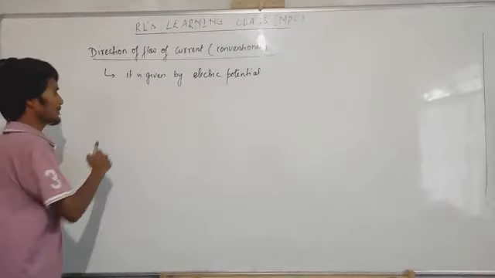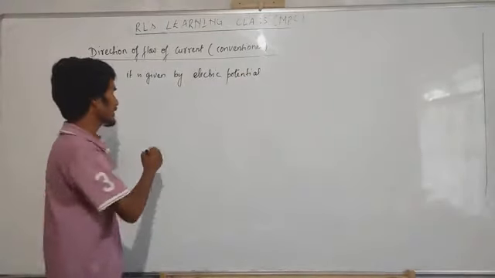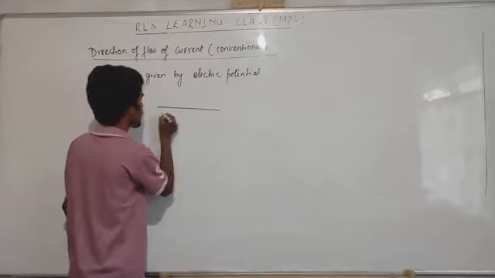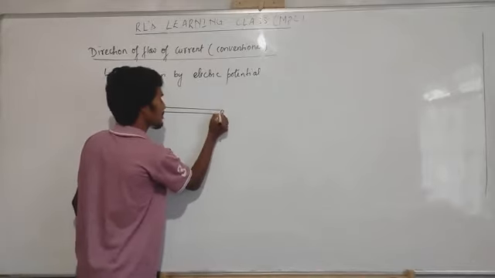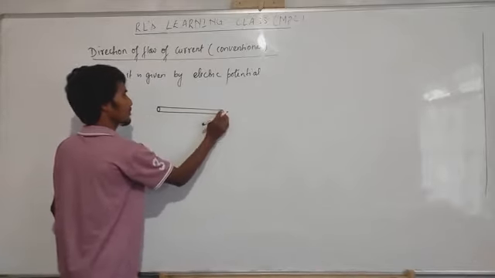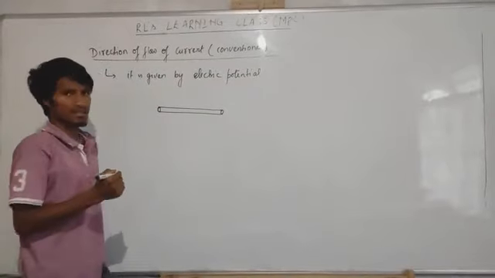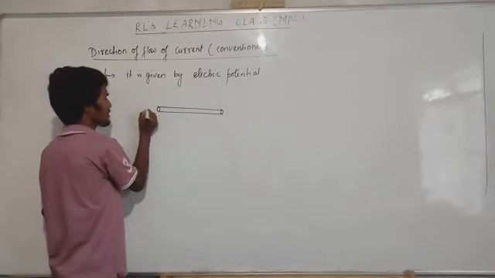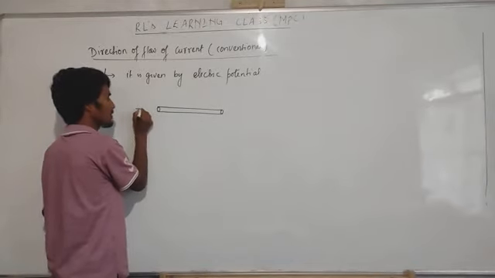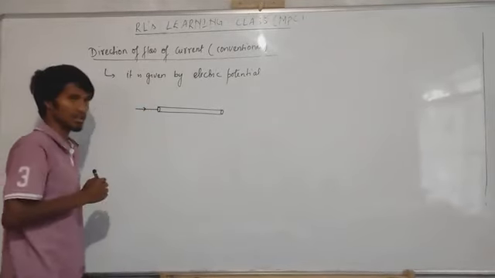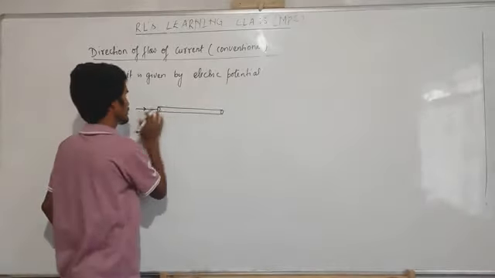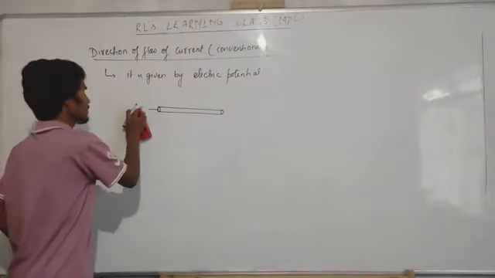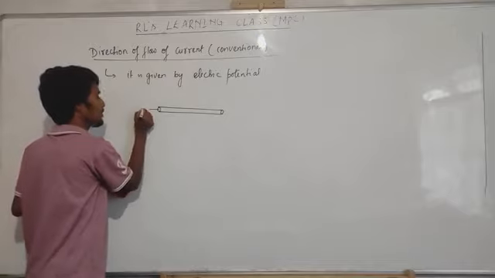Okay, let me draw a conductor here. Consider this is a conductor. Now in this conductor, where is the direction of electric current? Let me consider this conductor is supplied some potential.